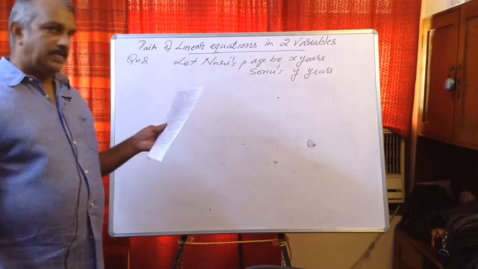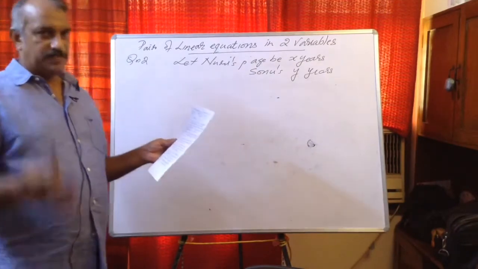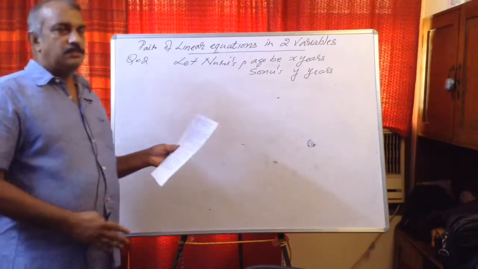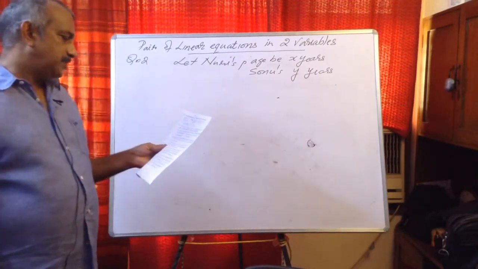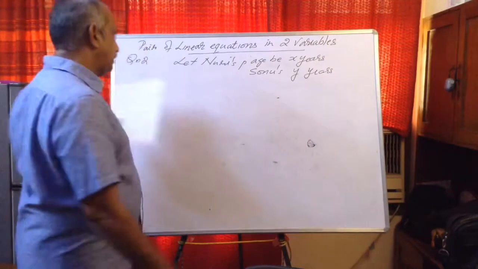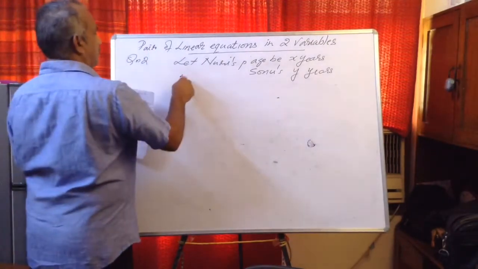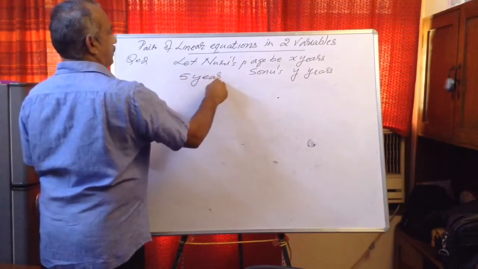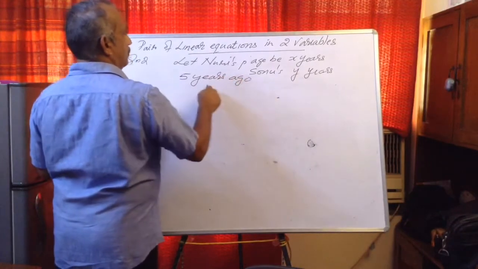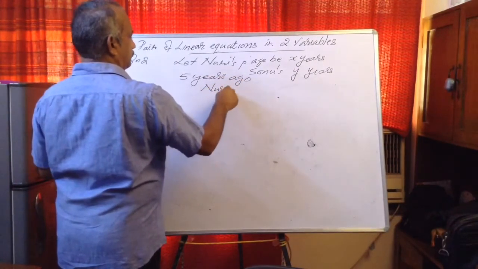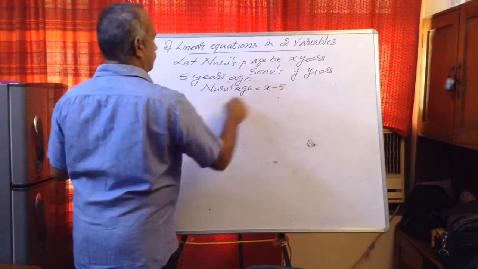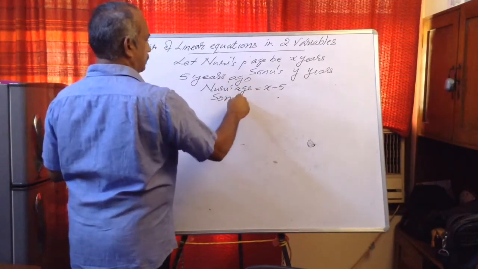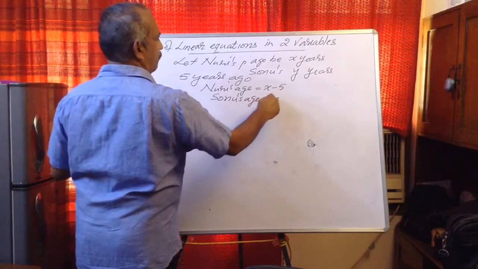Now 5 years ago means 5 years back from present age, and 10 years later means 10 years from present age. So 5 years ago Noori's age was x minus 5. Sonu's age y minus 5.